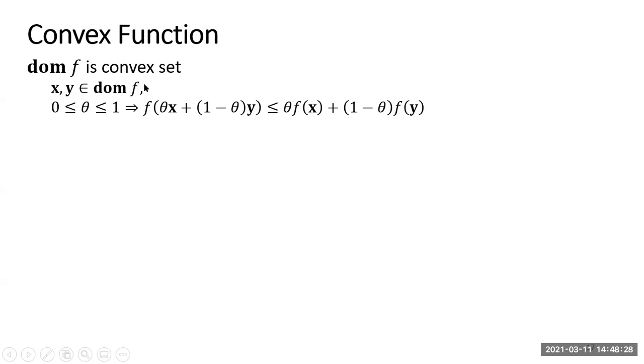So I take any 2 points in the domain, theta x plus 1 minus theta y, and f of that theta x plus 1 minus theta y should be less than or equal to theta fx plus 1 minus theta fy. That's the condition for the function to be convex.